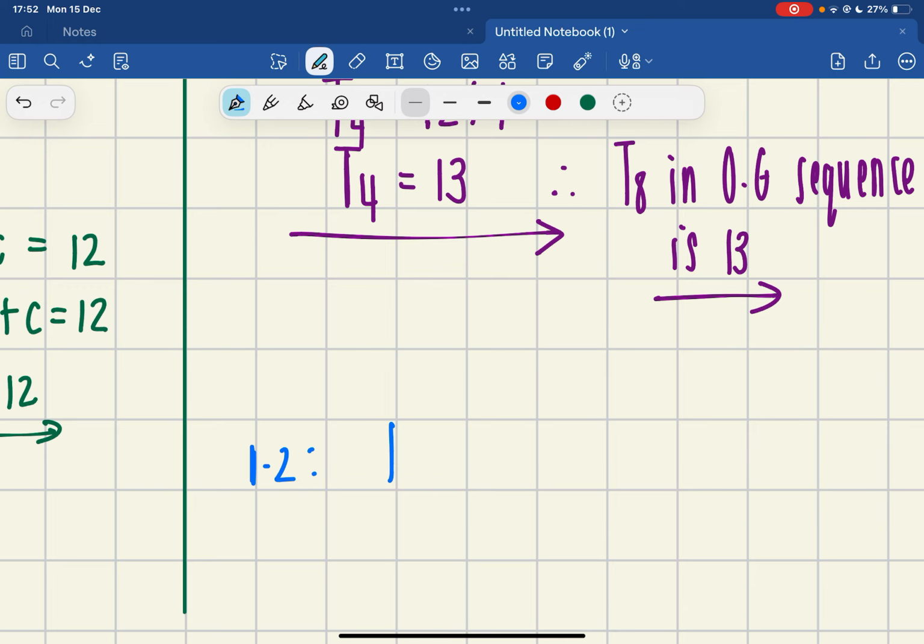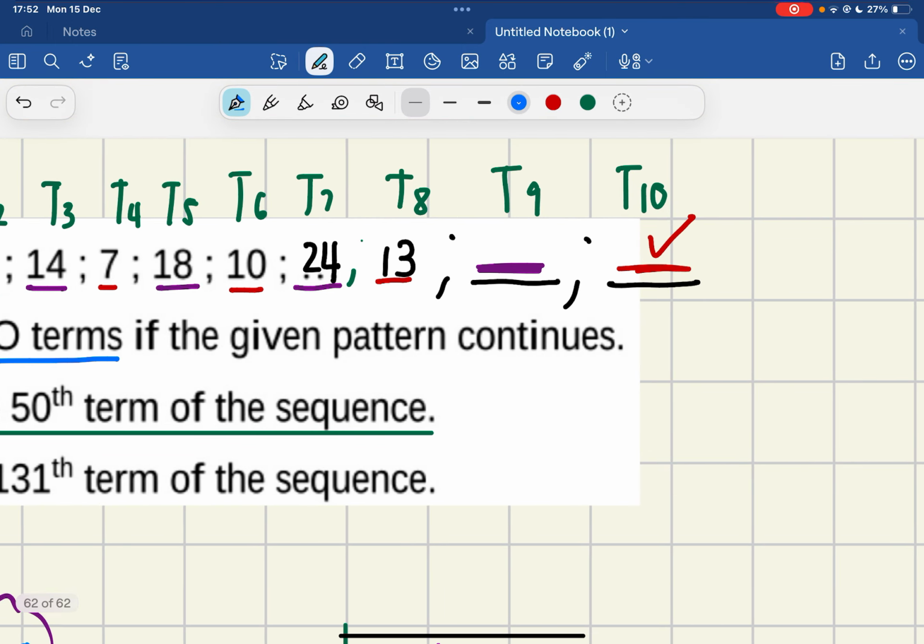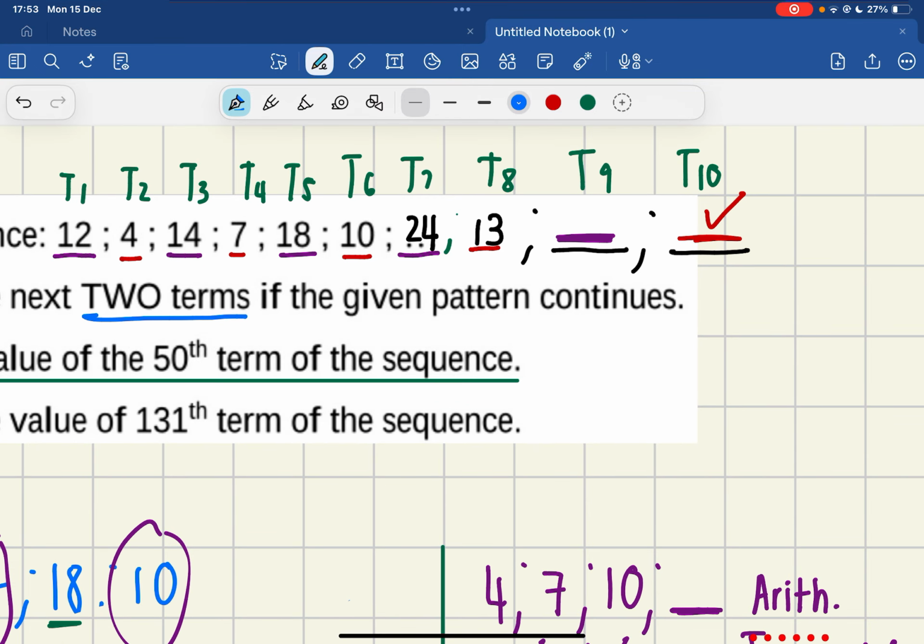So T50 falls under the arithmetic sequence we found. But what number would we be putting into our arithmetic sequence? Would we be putting in 50?